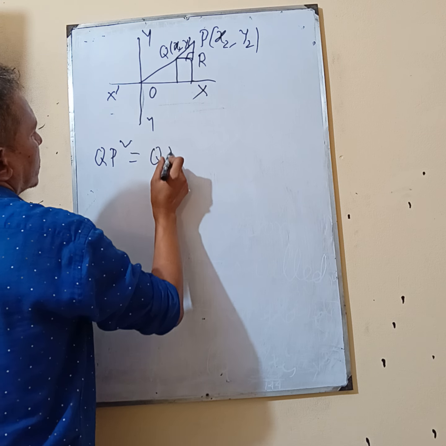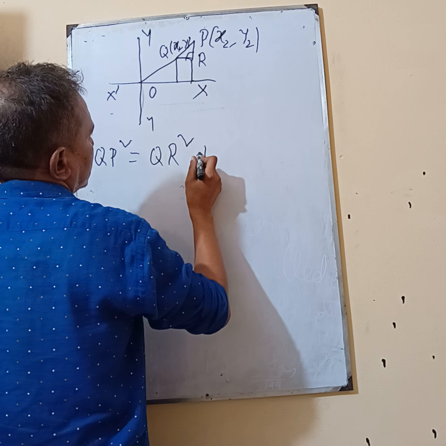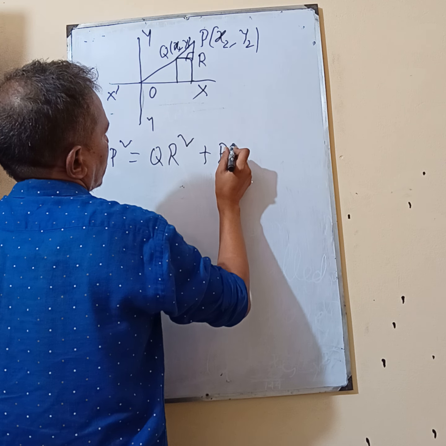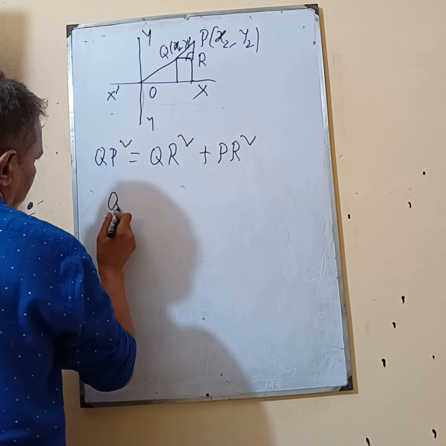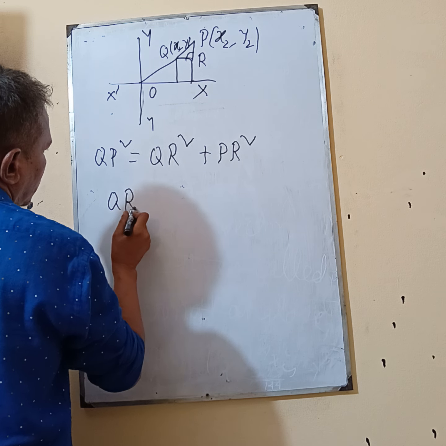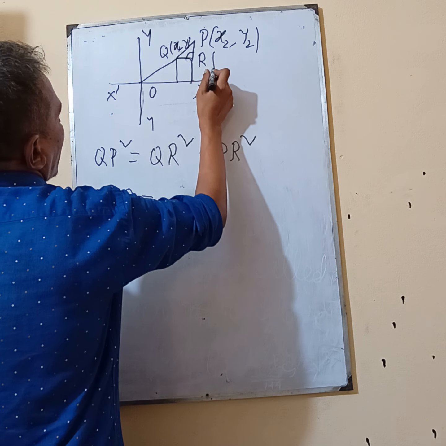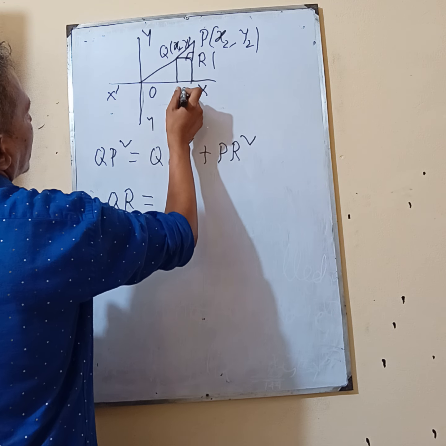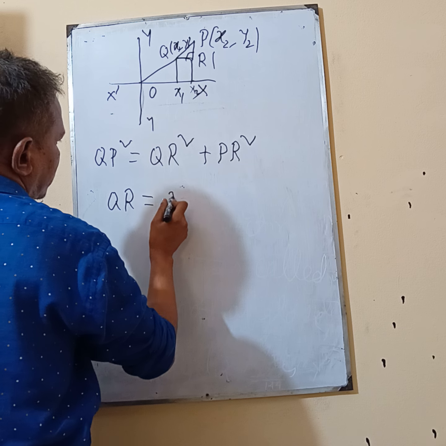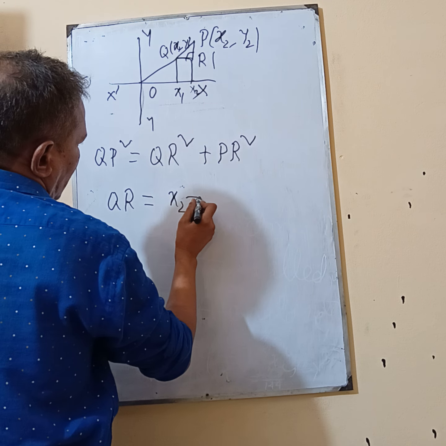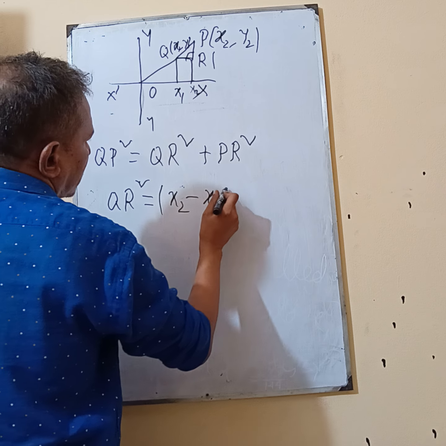QR is x2 minus x1, so QR square is (x2 minus x1) whole square.